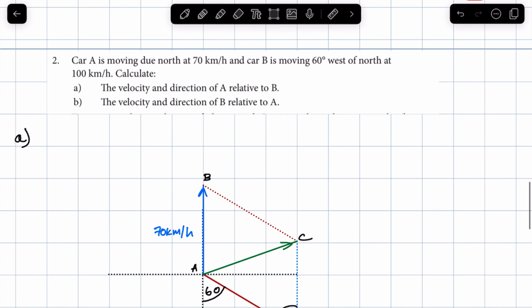And then in a parallelogram the angles opposite each other are congruent, meaning this angle is also 60 degrees. And the sides opposite each other are also congruent, so we know that's equal to this, and this is equal to this vector.